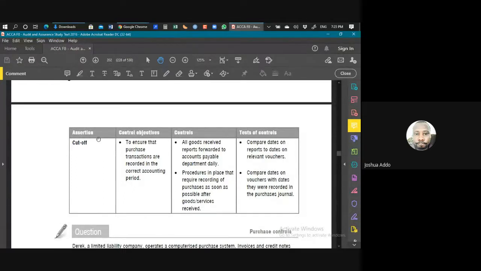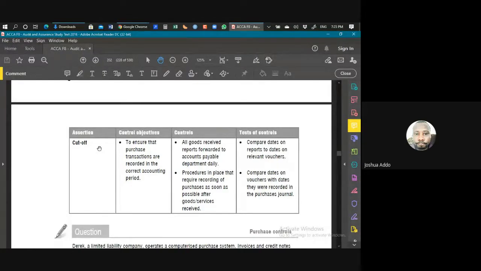Cutoff. Cutoff is the same as how we explained it in the sales system. The accounting year, the whole of the business life is divided into the so-called accounting years or reporting periods. So for a given reporting period, we capture all the expenses, all the income that strictly pertain to that accounting period.